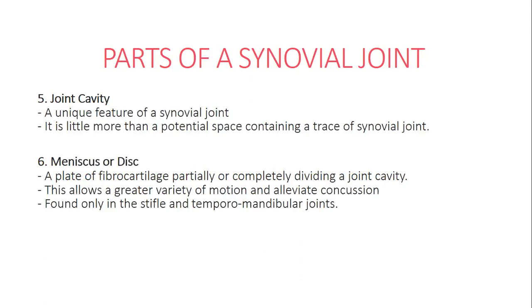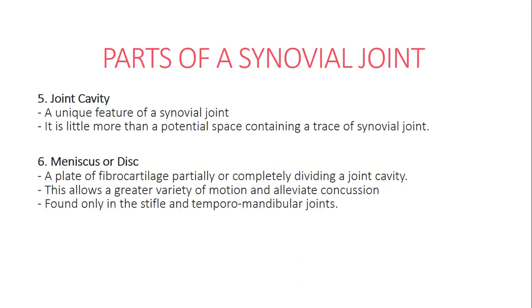How about the temporomandibular joint? Why do you think they have it? They don't have it on their elbows. It is due to the fact that every time the animal chews its food, there's actually a heavy friction between the mandible, particularly the condylar process, and the mandibular fossa.